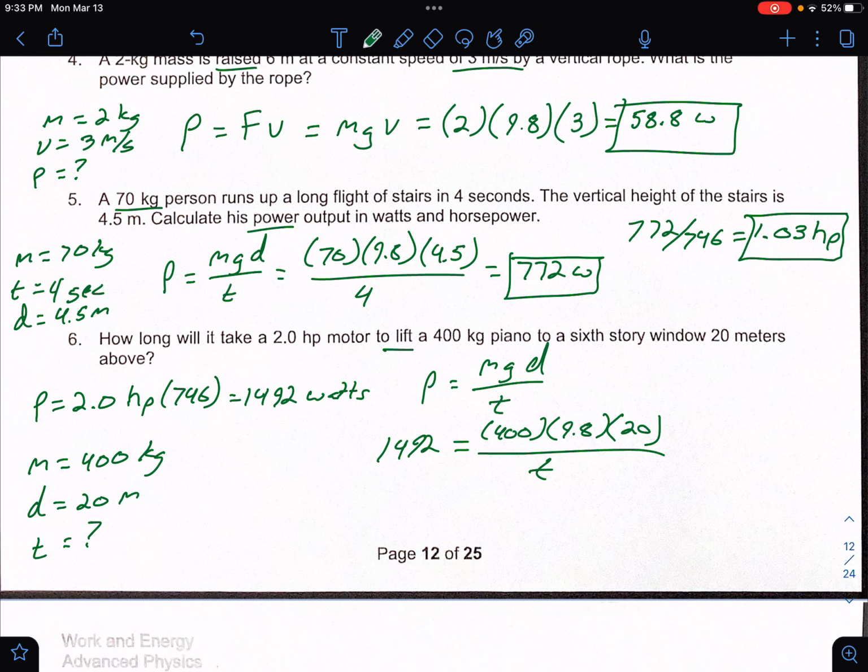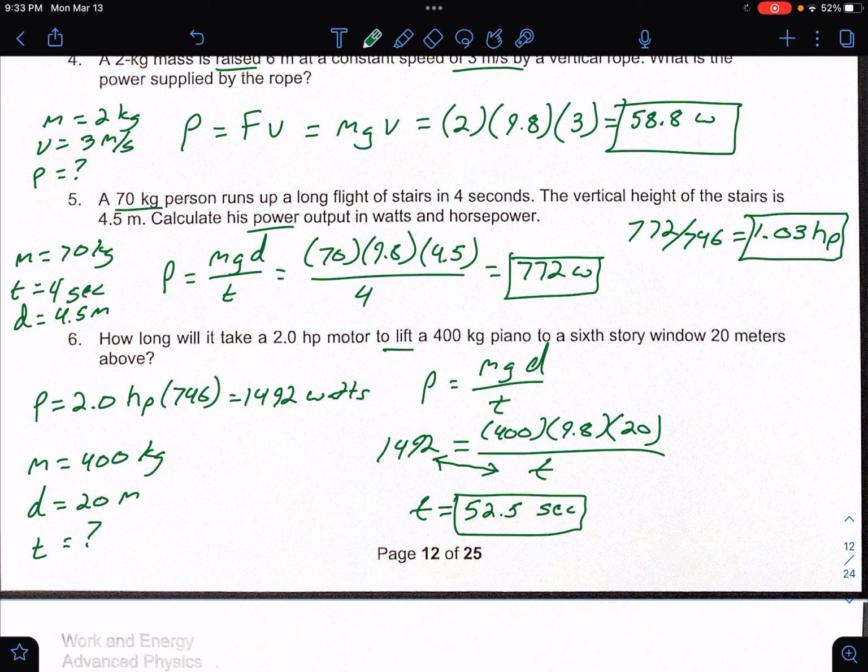If that was on the bottom, then you could do that. If you have a variable on the bottom, here's your shortcut. Just switch those two. Take that 400 times 9.8 times 20 and divide it by 1,492, which comes out to be 52.5 seconds.